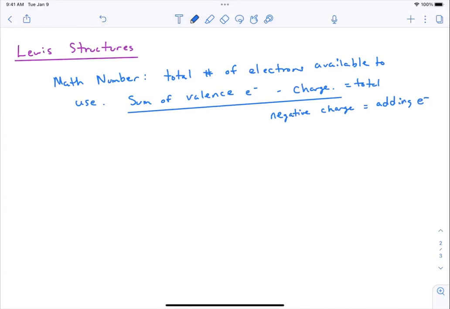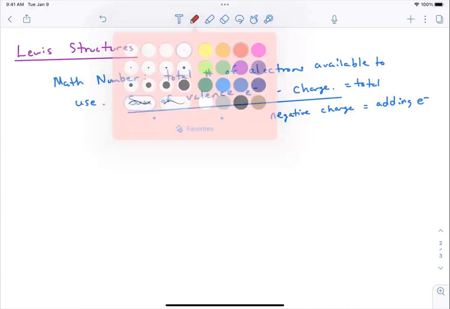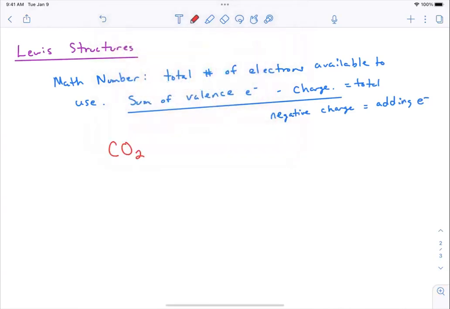So for example, and I know y'all all know what CO2 looks like, but I want to use this as an example to show you how we do this so that you can understand what we're doing here. If we do CO2, C has 4 valence electrons and oxygen has 6 each. So that means you have 16 electrons, or 8 pairs of electrons to work with in your final structure.